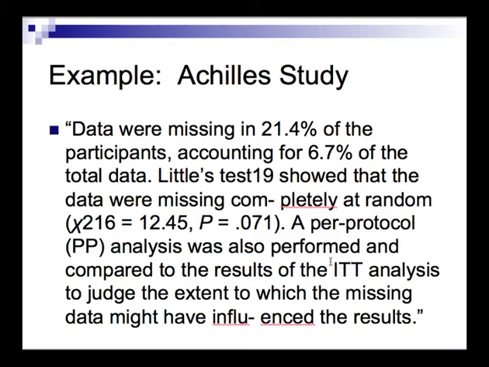And this is what some of you might have thought: if they don't participate, they're not compliant, it'd be nice to know how the ones that were compliant came out. So the per protocol analysis gives you that result, and then the intention to treat analysis gives you the result of just everybody together. By looking at the difference between the two, you can kind of tell what the effect of compliance and those kinds of things was.